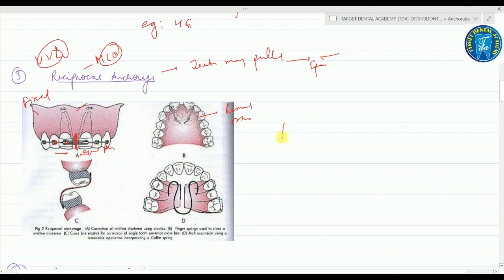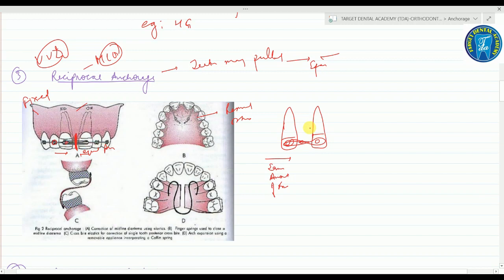For example, these are the maxillary central incisors, and this is the space which you want to close. So what you have to do is, you will apply the same amount of force, either through elastic or from an elastomeric chain.